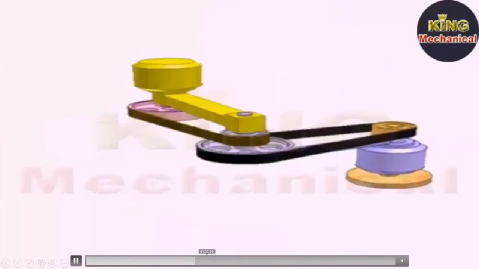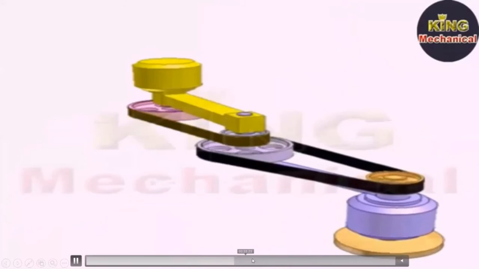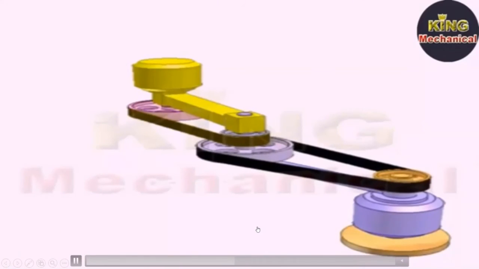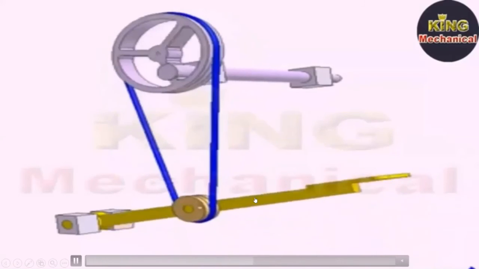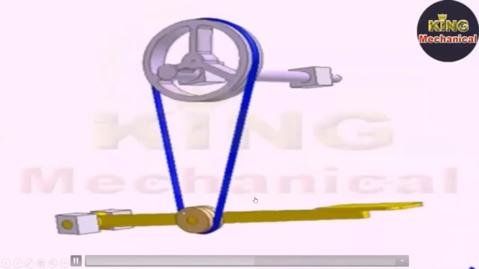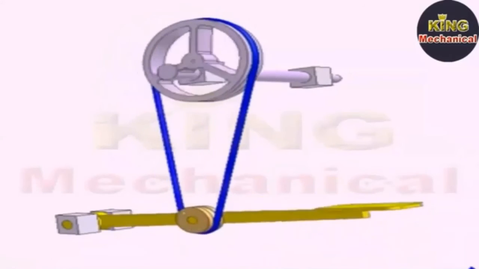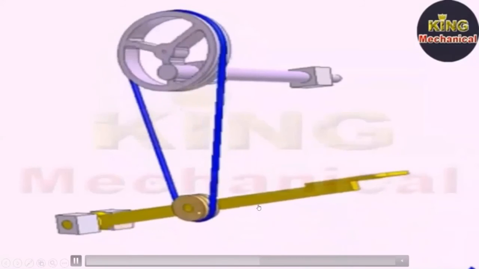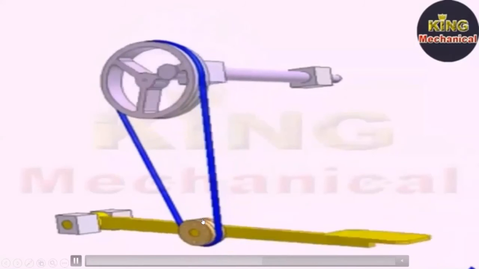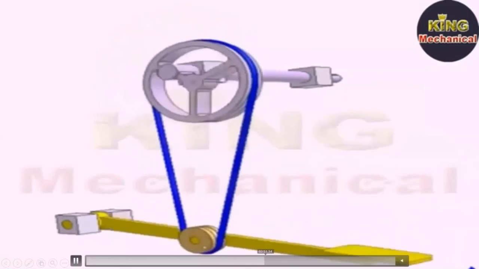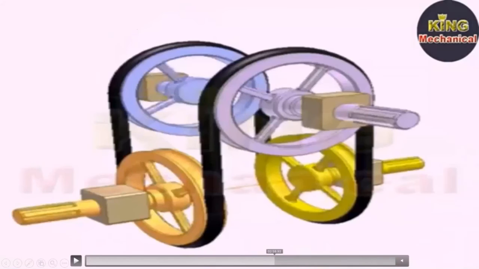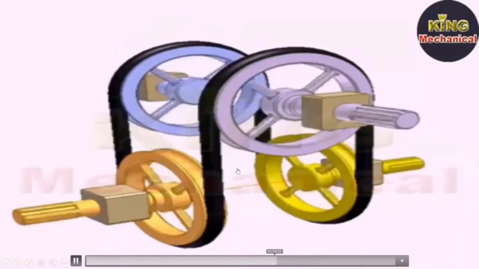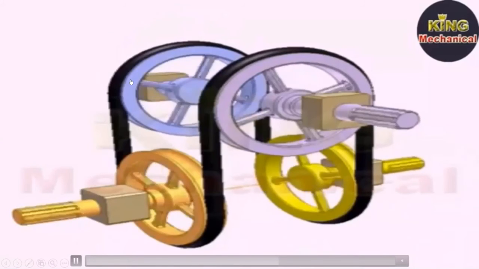These are the different belt drives. Belt drives are used for different mechanisms. See this. We can convert the rotary motion into oscillatory motion by using belt drive also. Here the shafts are in rectangular position.